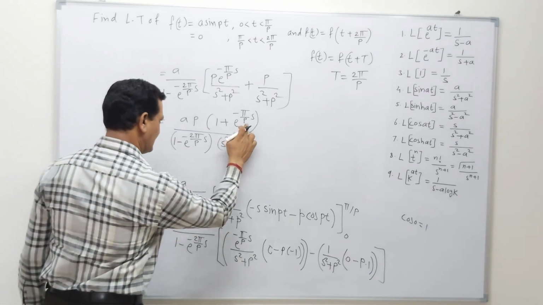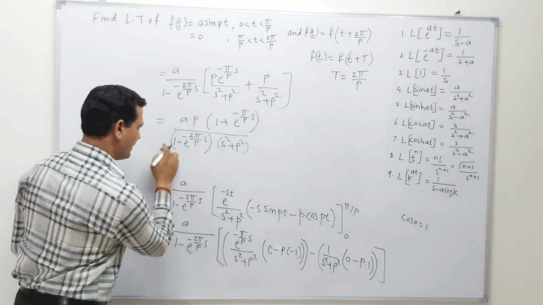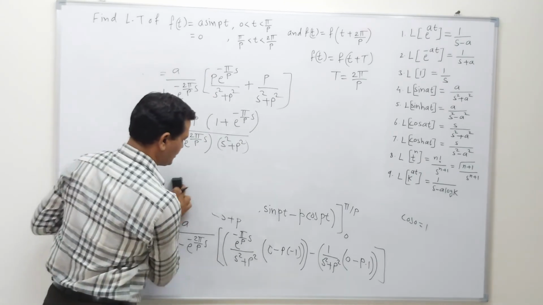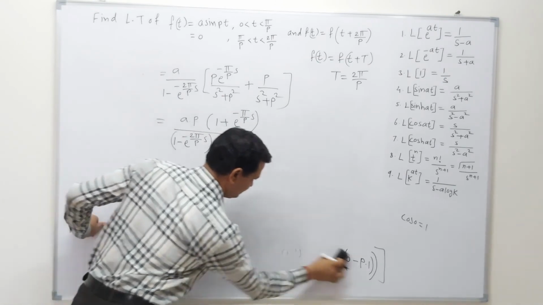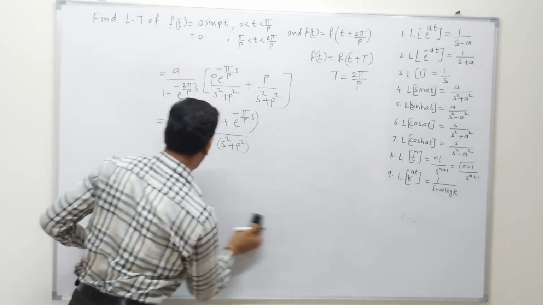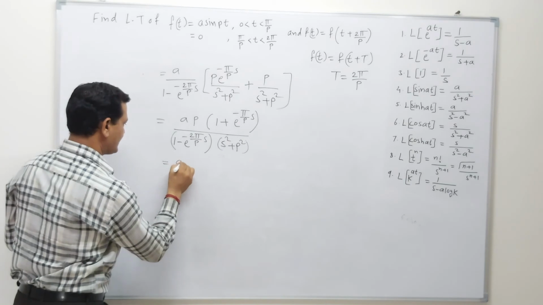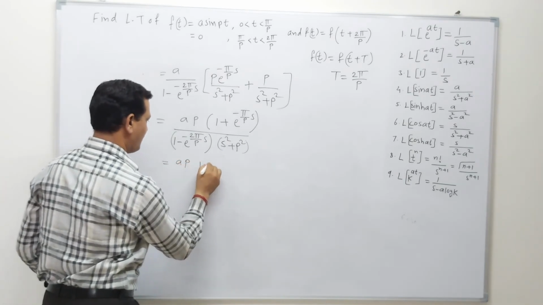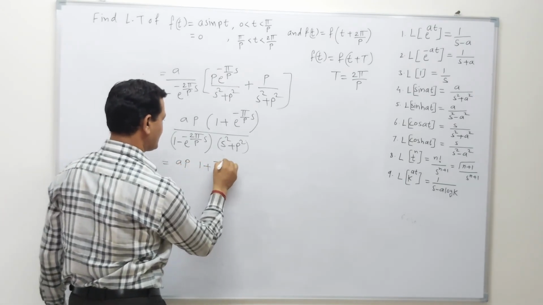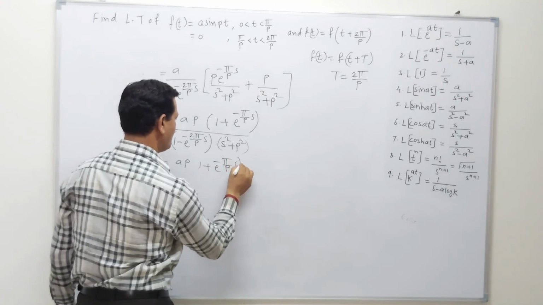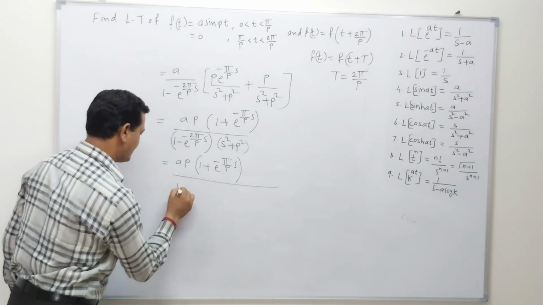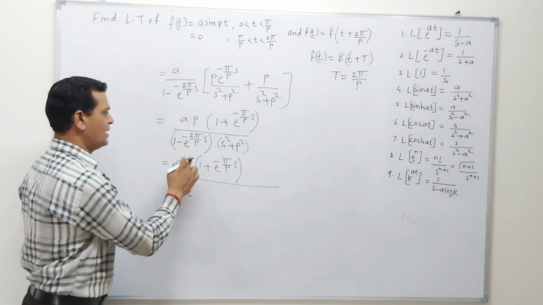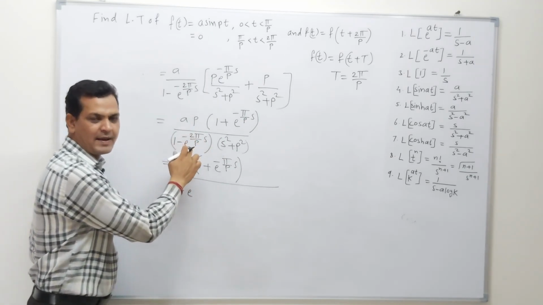Now to cancel this term and the denominator term, let's rewrite the denominator term. We can write this as ap, then 1 plus e raised to minus pi upon p into s, divided by, first term 1 minus e raised to minus 2 pi upon ps.